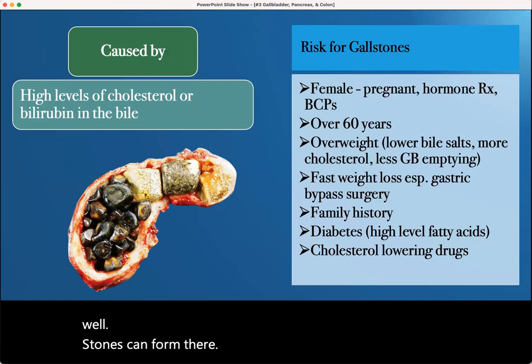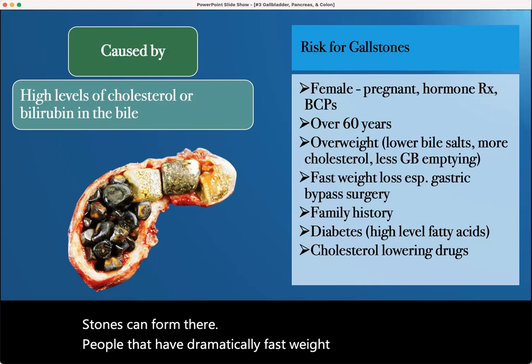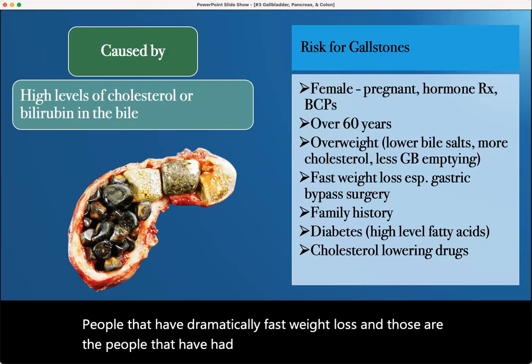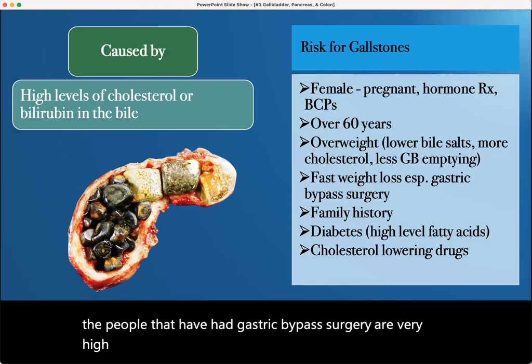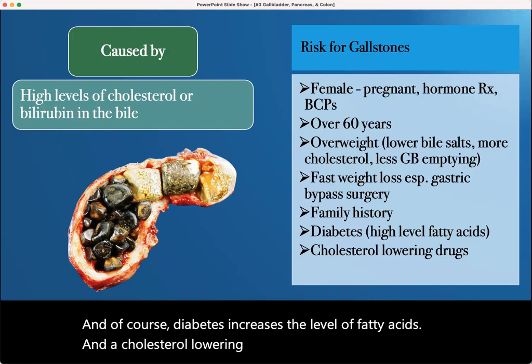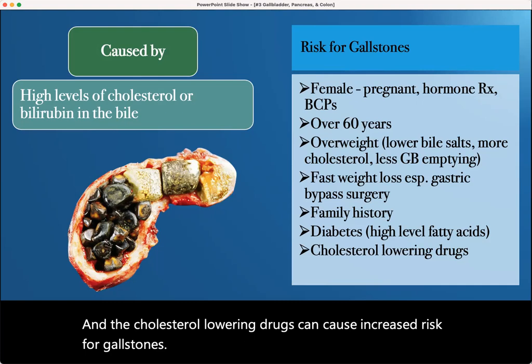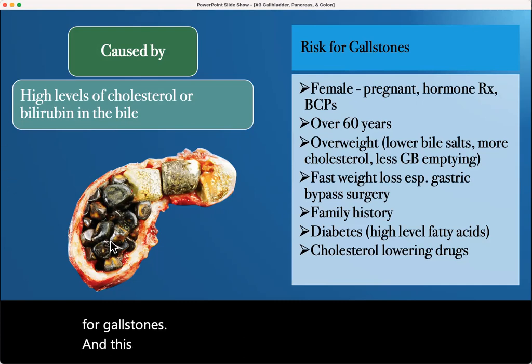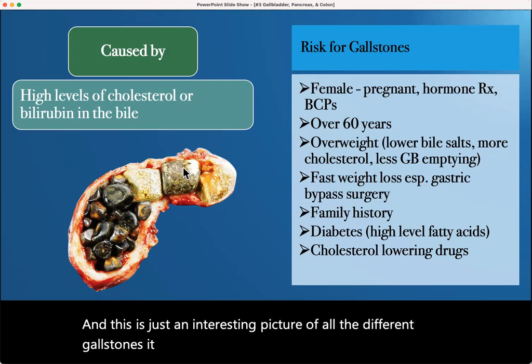People that have a dramatically fast weight loss, such as those who have had gastric bypass surgery, are at very high risk for gallbladder disease and gallstones. And of course, diabetes increases the level of fatty acids, and cholesterol lowering drugs can cause increased risk for gallstones. And this is just an interesting picture of all the different gallstones. It honestly doesn't look like this in reality.